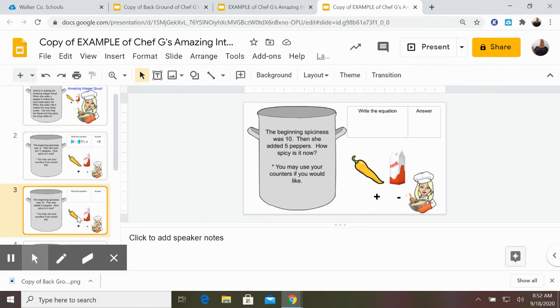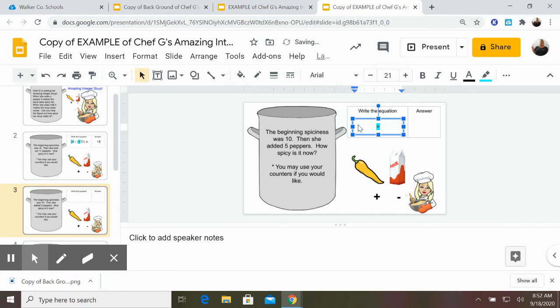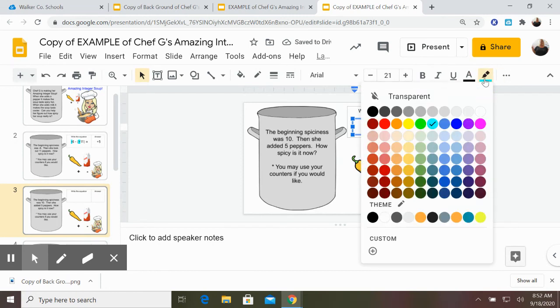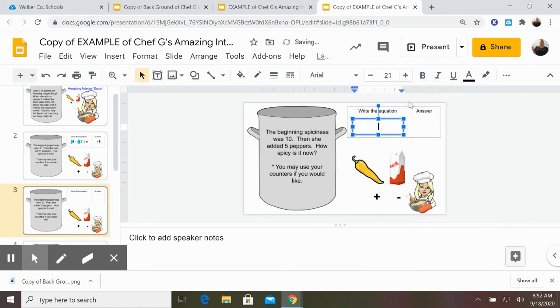So let's go to the next slide. This one says the beginning spiciness was 10. So I know that that is a positive 10. Let me take the highlighter off. Positive 10. It says then she added. So that tells me I'm going to add 5 peppers. And peppers are positive. So plus positive 5 equals.